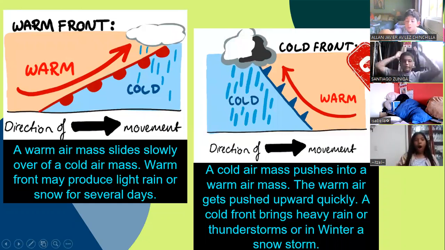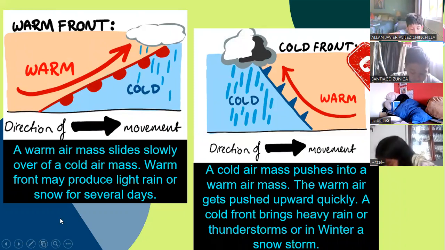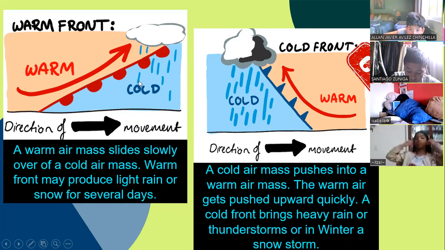Warm front. Look at the movement. If you can make the drawing, that would be great. This is the warm air mass, and the cold front here, moving in this direction.